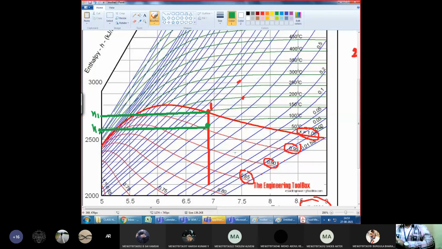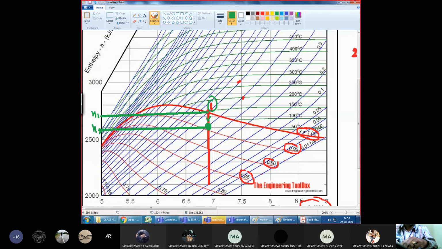Is this process clear? First, select a point on the Mollier diagram where the given pressure and temperature intersect. That is point 1, and its location is important. Then, since the expansion of steam in a nozzle is isentropic, drop a vertical line downward till the exit pressure, which is 2 bar.